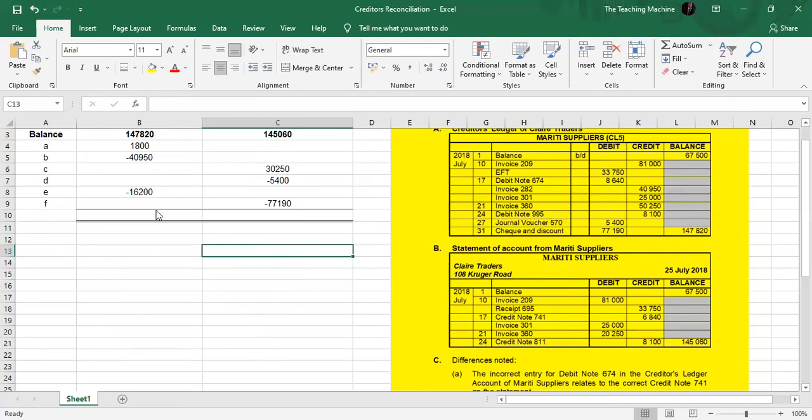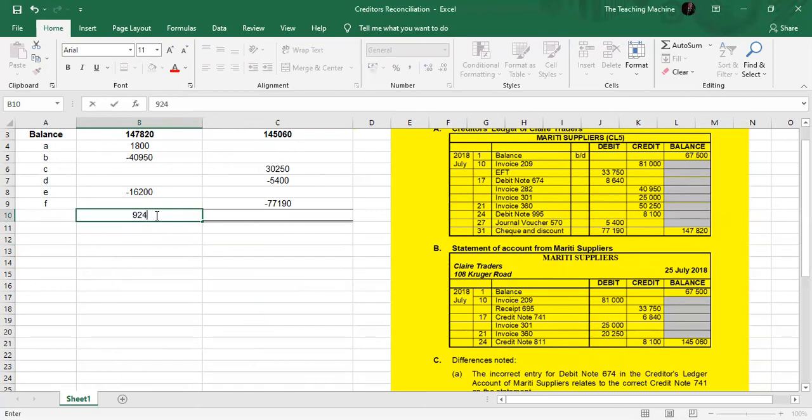How much do you get on the debit side? I got 92,470. 92,470. On the credit side, how much did you get?